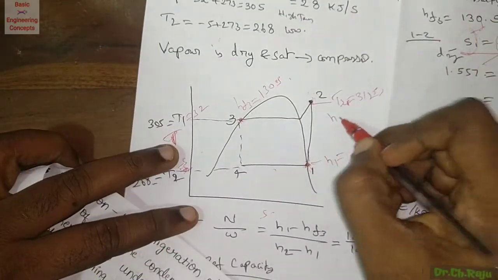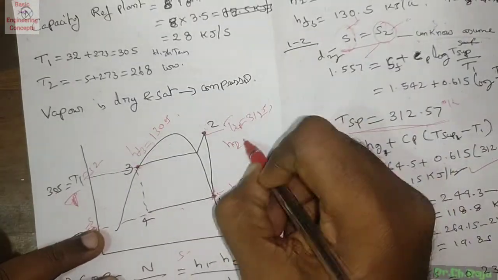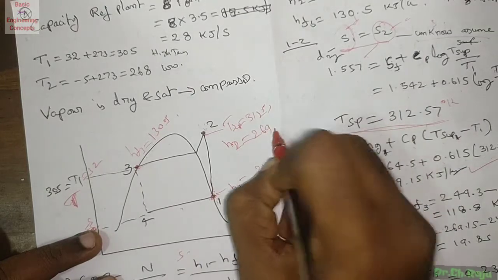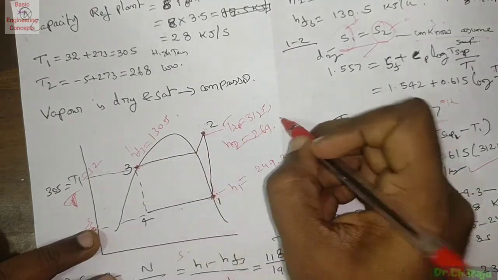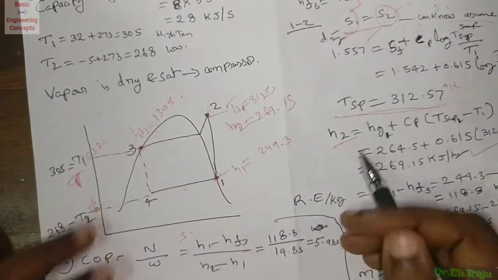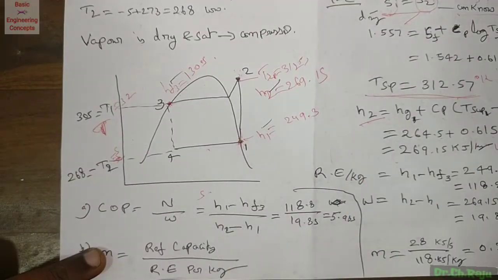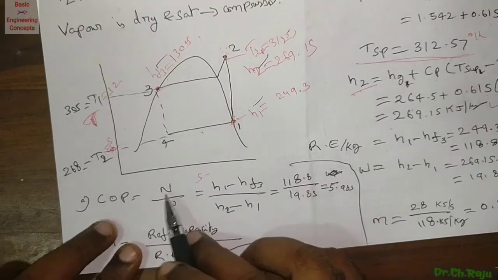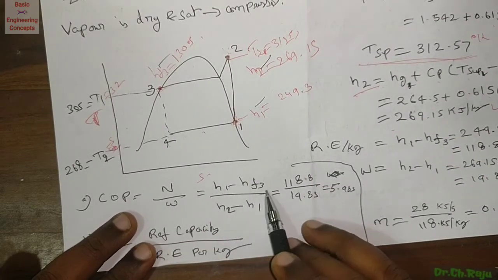So H2 is calculated here, H2 is equal to 269.15. Once H1, H2, H3 are calculated, you can simply substitute the values.